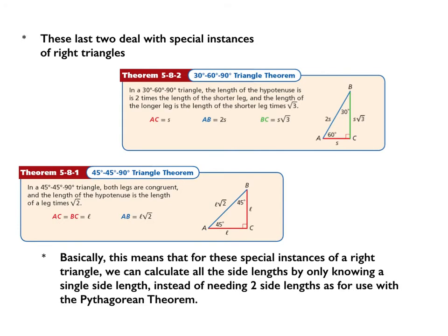So basically what this means is that with these special instances, if we have a 30, 60, 90 triangle or a 45, 45, 90 triangle, we can calculate the length of all the sides when we only know the length of one side, as opposed to the traditional Pythagorean theorem, which requires that you know the length of two sides.